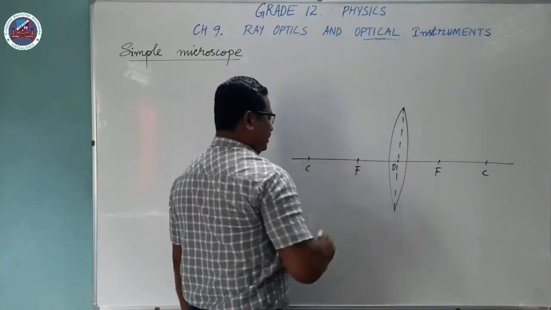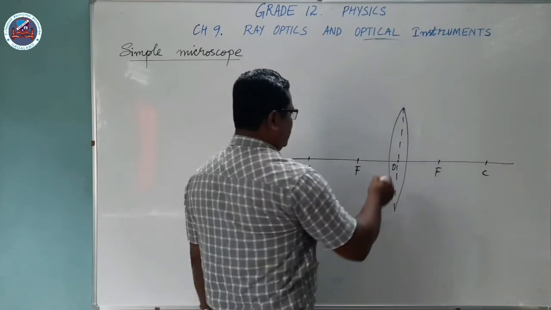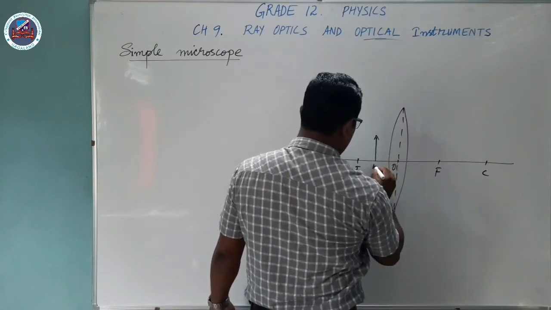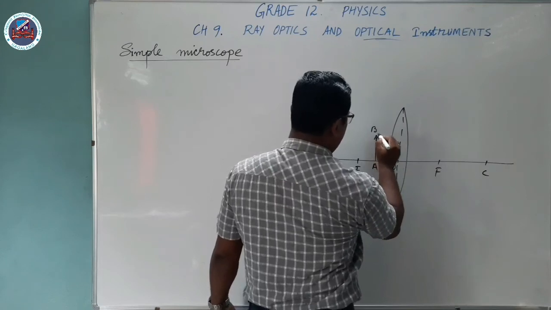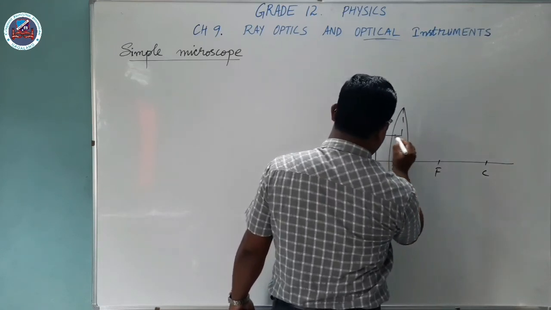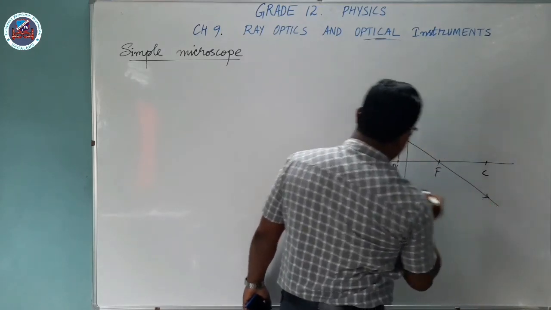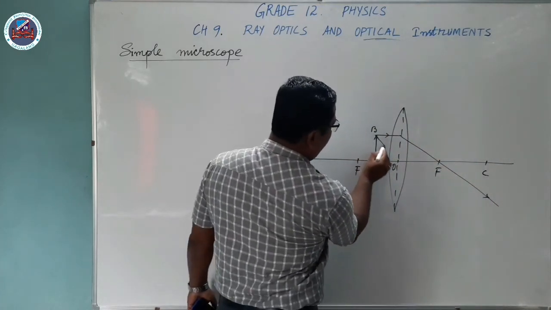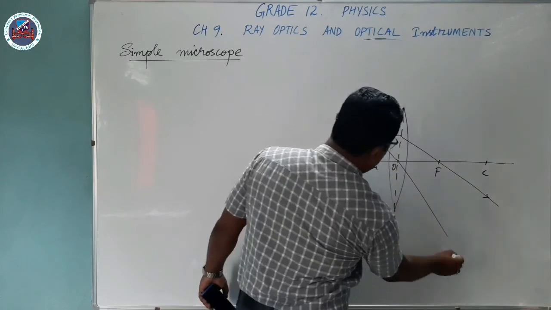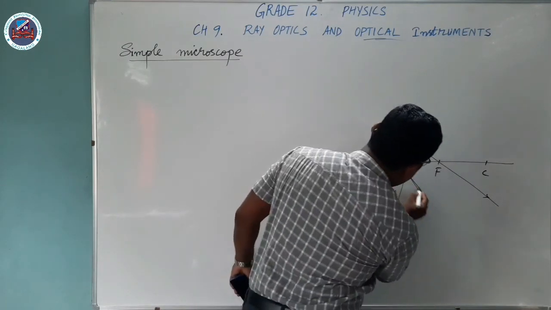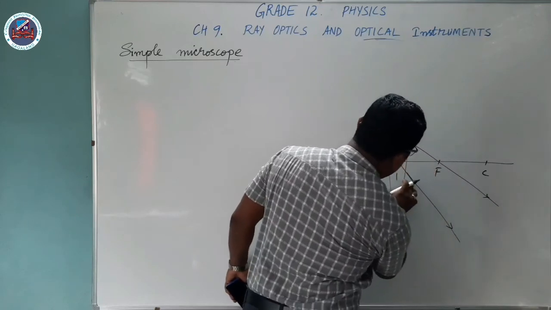Let me mark them as F and C. I keep an object near the lens, marked AB. The ray going parallel to the principal axis will pass through the focus. The second ray, drawn through the optical center, will pass undeviated.